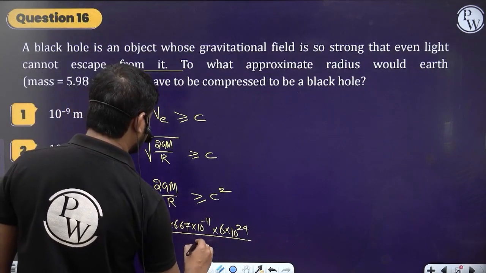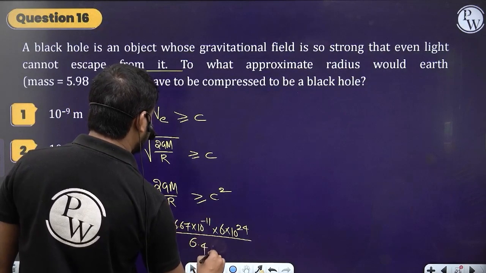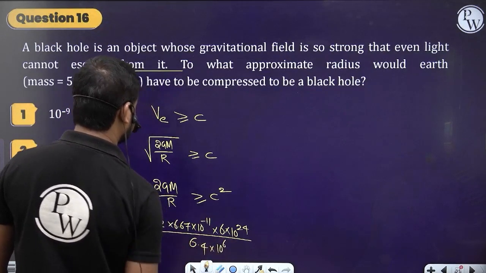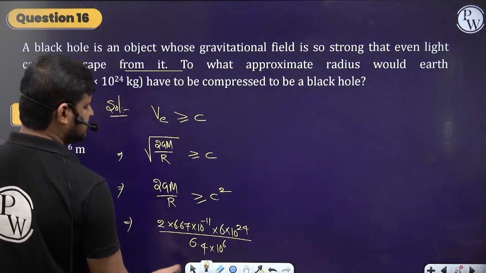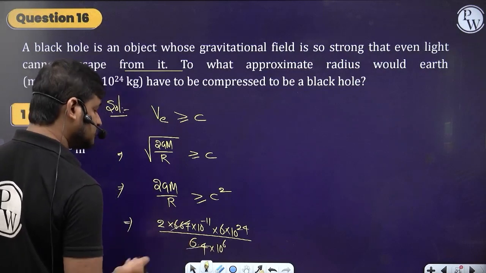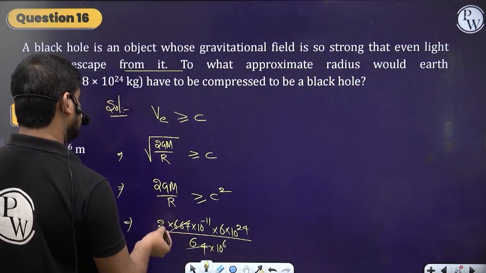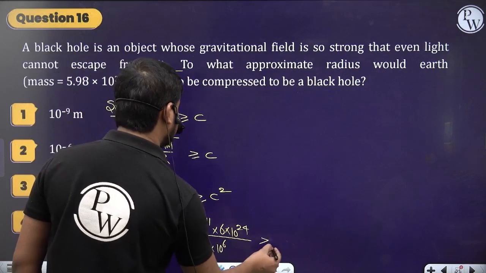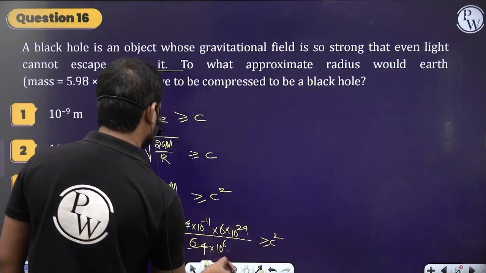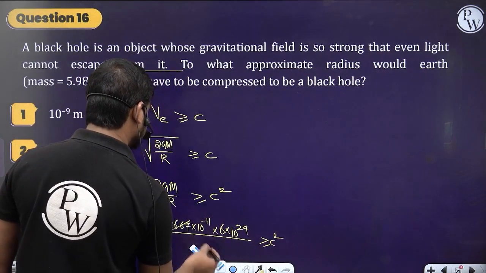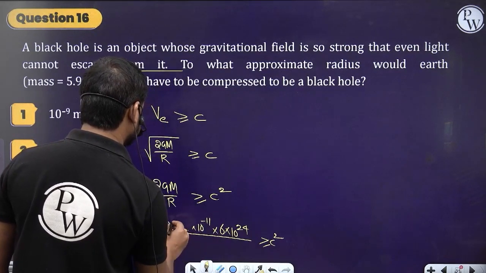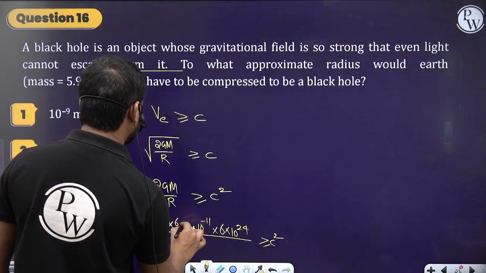R is the radius of the Earth, which is 6.4 into 10 to the power 6. Right, so here 6.4 and 6.67 almost cancel. Sorry, don't cancel this one, because we need the radius. My bad, so this is 6.67.